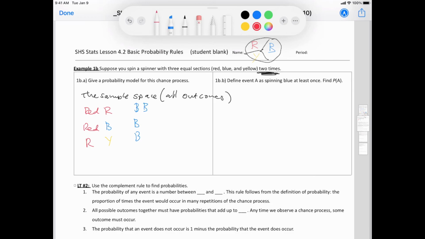You can get blue and then red, or blue and then yellow. And then this yellow box is saying you're getting a yellow first. You can get another yellow, you can get a red, or you can get a blue. And so if you number all of those, how many are there? There's 1, 2, 3, 4, 5, 6, 7, 8, 9. There's 9 of them.